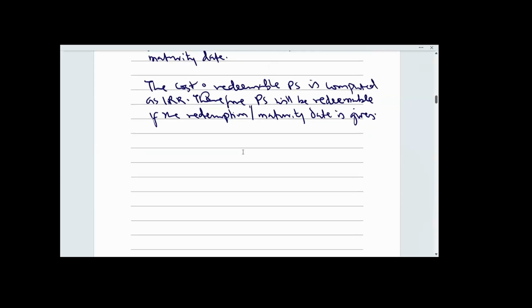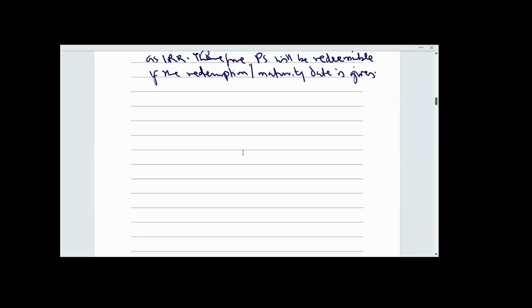All right. So how do you then calculate cost of redeemable preference share? Steps. Let me show you the steps involved in calculating cost of redeemable preference share.